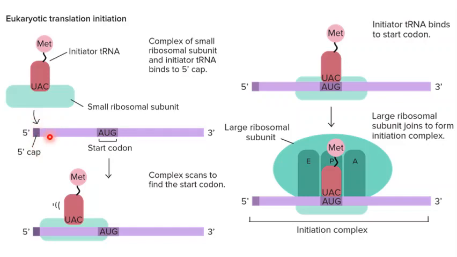Then it is going to move along this mRNA, scanning for the start codon, and when it reaches the start codon, the anticodon of the initiator tRNA will bind to the start codon AUG, and then in the last step the larger subunit will bind with the smaller subunit, forming an initiation complex.